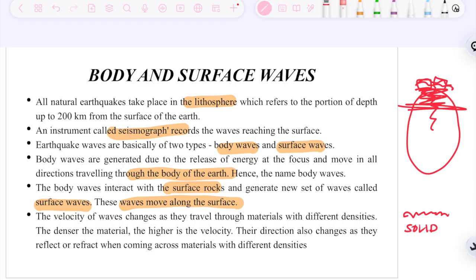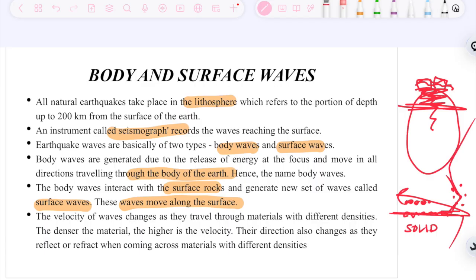In solid, the particles are closer, hence the density is more, hence the wave travels faster. Now, when it goes into a liquid, the molecules are spread a little apart. The speed of the wave decreases and it may also refract. Now, if it goes and comes back, it is called reflection. If it goes into some other direction, it is called refraction.